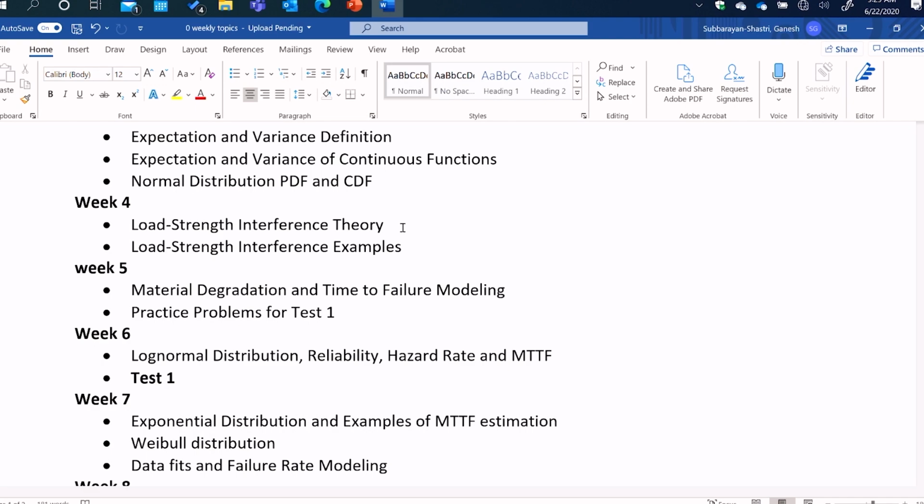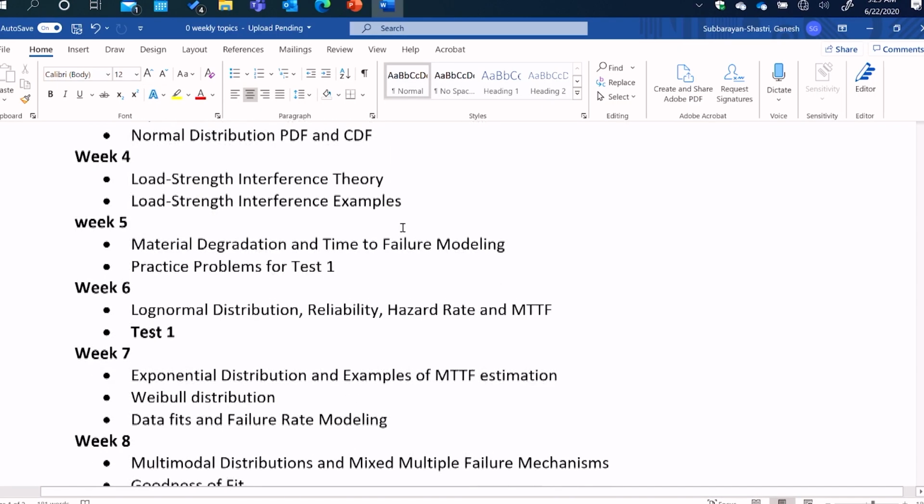And we account for the uncertainty in load through a safety factor. So here we will learn to not design through safety factors, but design probabilistically to achieve a prescribed number of failures or max number of failures that we will allow. And that theory is the load strength interference theory.